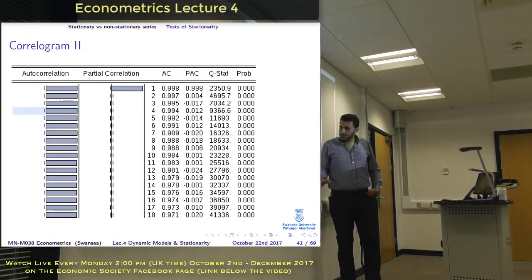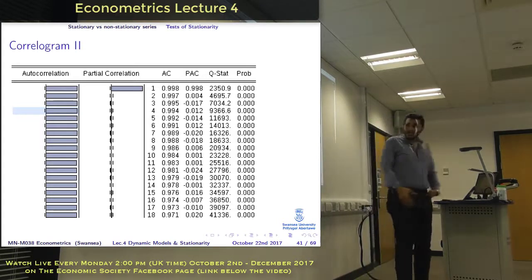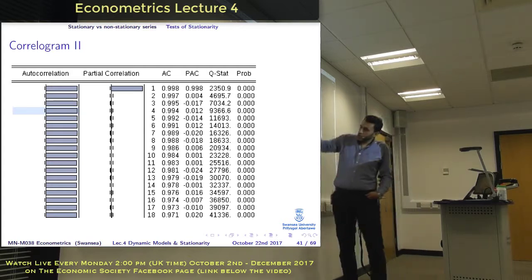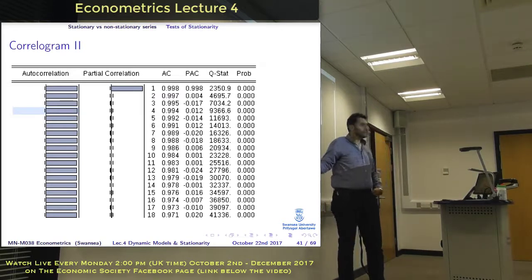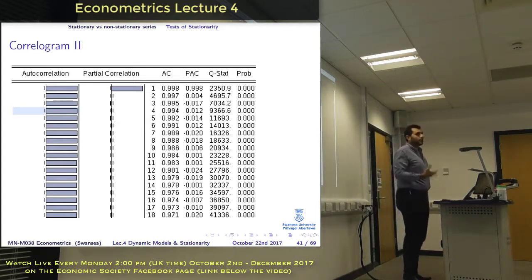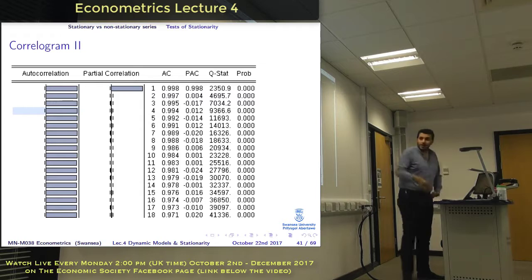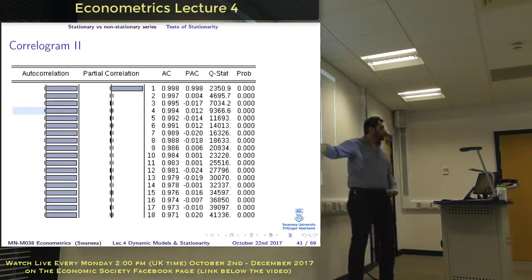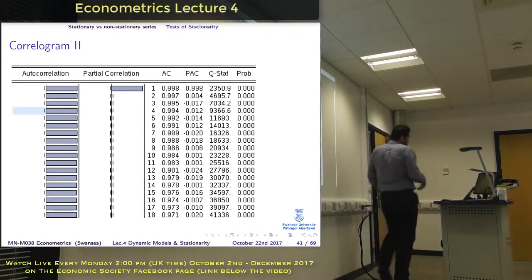What I'm showing you is up to 18 lags, and it is a very, very slow decay. It doesn't decay quickly. So again, this gives you an indication this is a non-stationary time series. This is just another way to analyze your data.